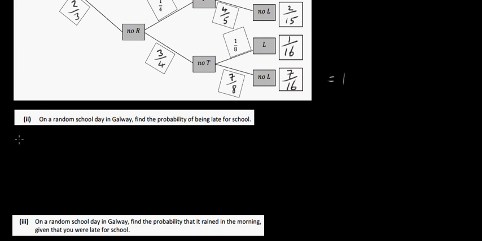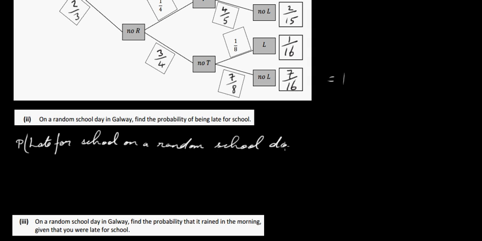So in other words, the probability of being late for school on a random school day is just going to be equal to 1/12 plus 1/30 plus 1/30 plus 1/16.